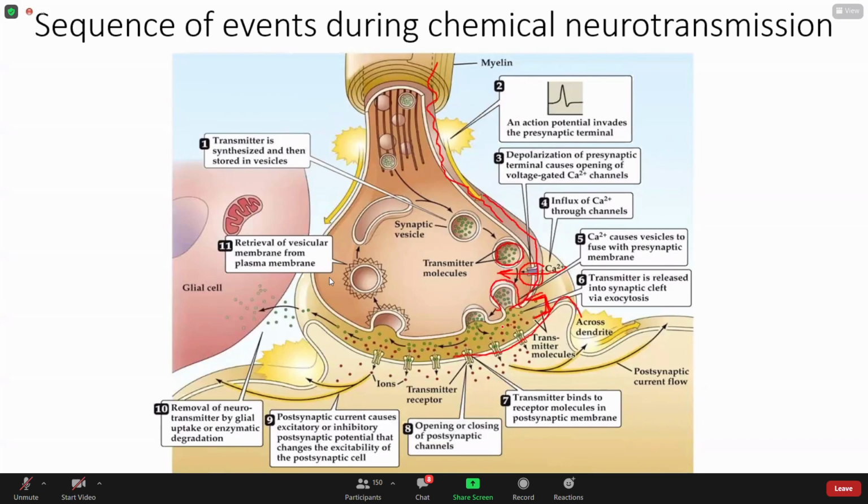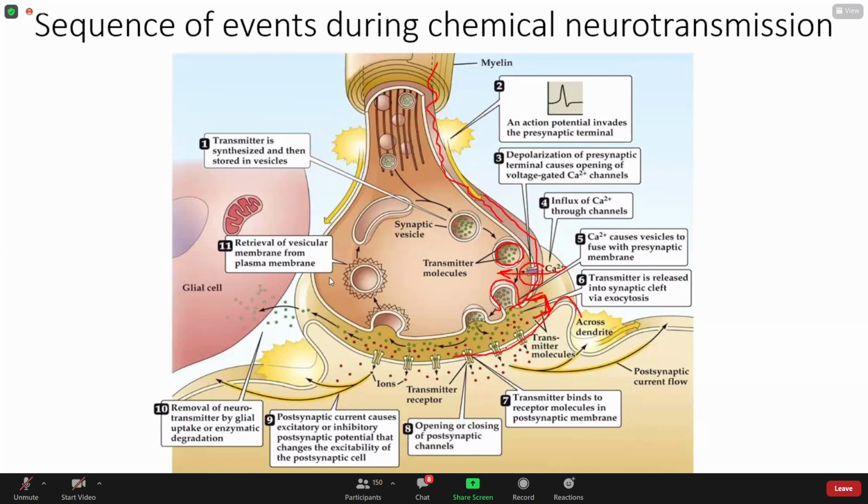What these neurotransmitters will do is that they will bind to their respective receptors on the postsynaptic membrane. Okay, is that clear? So once they are bound, they will open the postsynaptic receptors, allowing flow of ions.